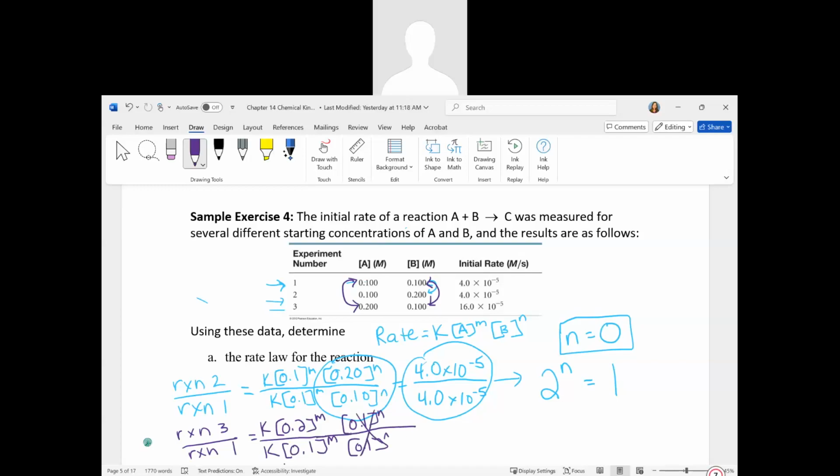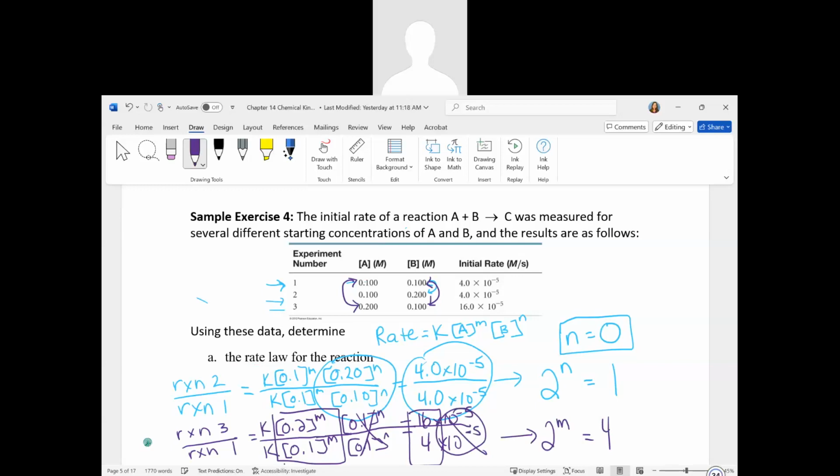as does our K. If we equate this to the rates now, we'll see that we have 16 times 10 to the negative fifth over 4 times 10 to the negative fifth. Since we have the same exponents, we can just do 16 divided by 4. And over here, we have 0.2 to the m divided by 0.1 to the m. So our equation now is 2 to the m equals 4.